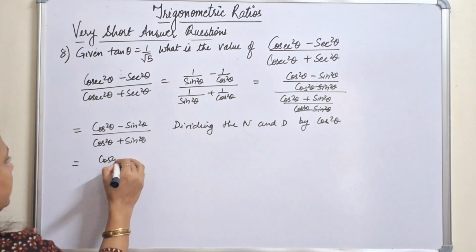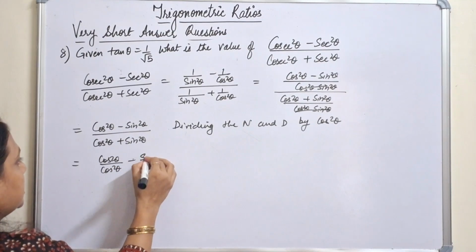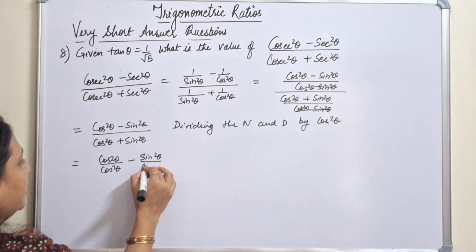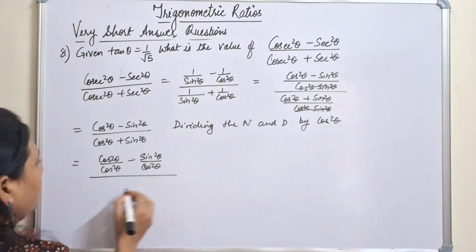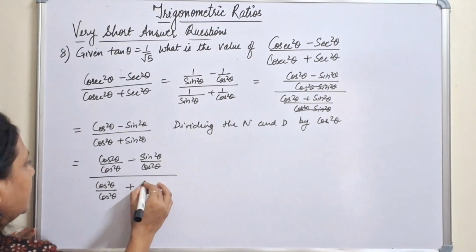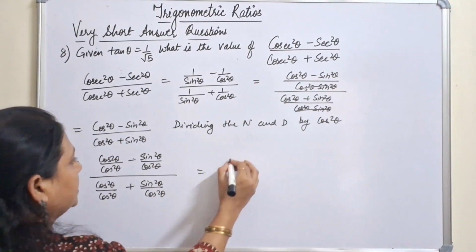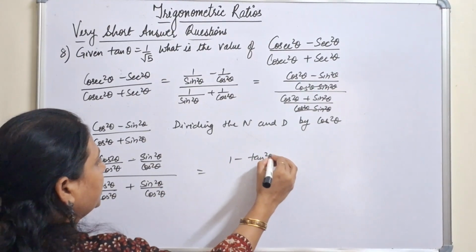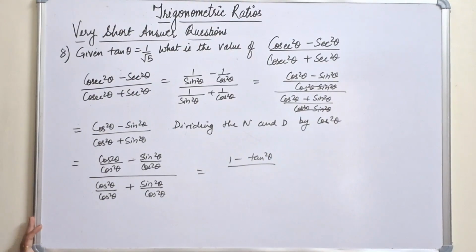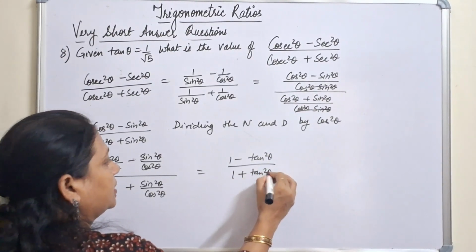So cos square theta upon cos square theta minus sin square theta upon cos square theta whole upon cos square theta upon cos square theta plus sin square theta upon cos square theta. Finally, we can write it as 1 minus tan square theta upon 1 plus tan square theta.